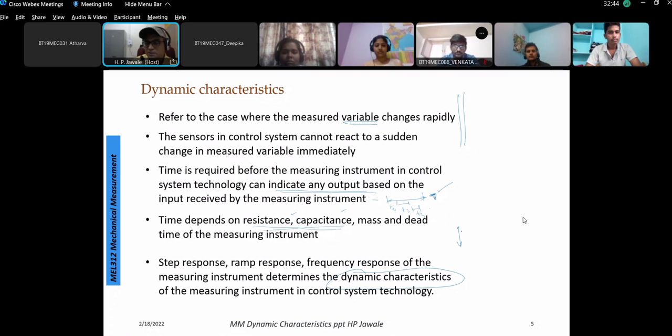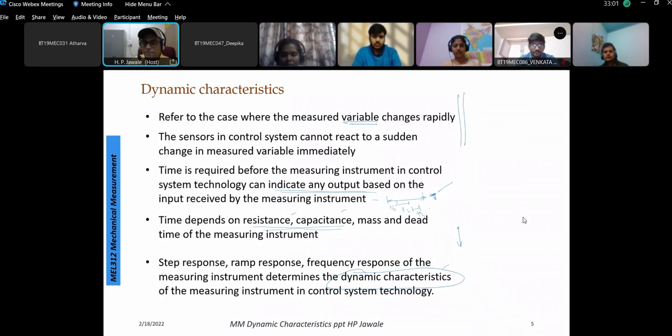Now please try to understand this. In actual practice, it's very difficult to find out the true input. As discussed here, we have some signal for t1 time, some different signal for t2 time, another different signal for t3 time, and so on. So it is very difficult to know which signal has influence on the display value of the output of the measurement system, right?